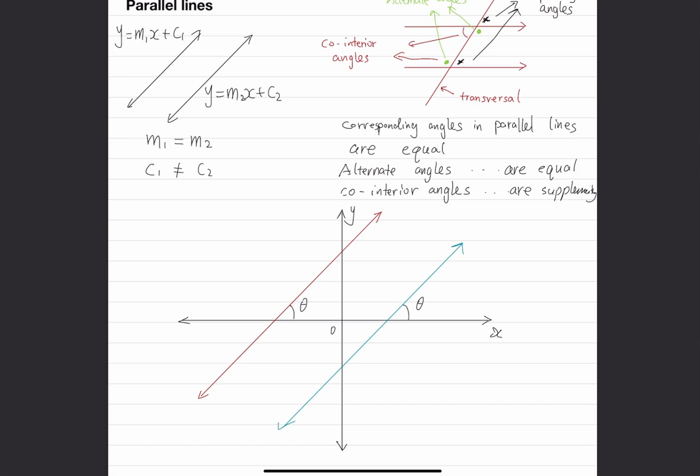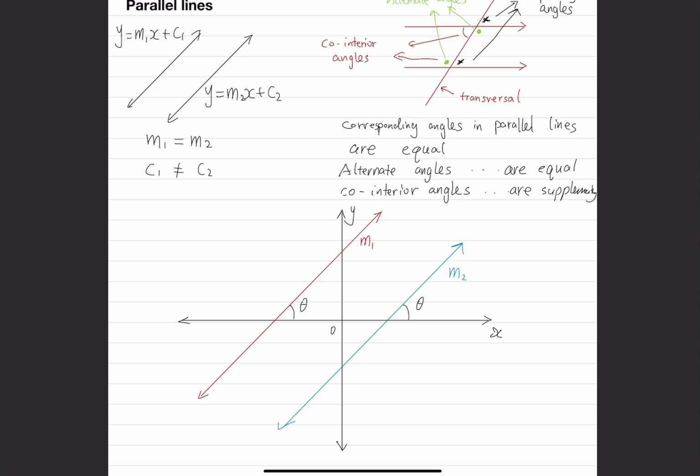Now let's record the gradient for this red line. It is m1, and the gradient for this line is m2. We note that the gradient can be represented not only by rise over run, or the difference of y's over the difference of x's, y2 minus y1 over x2 minus x1. We can also use this angle.